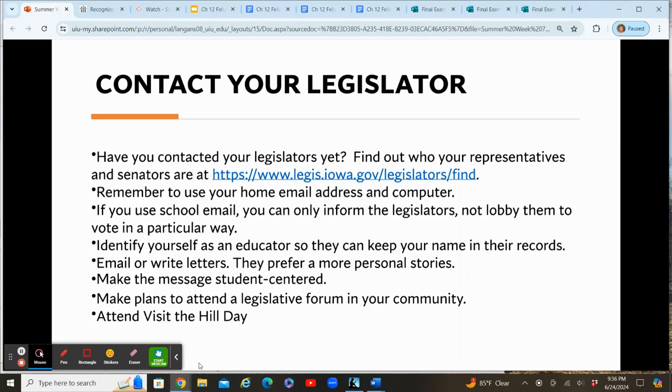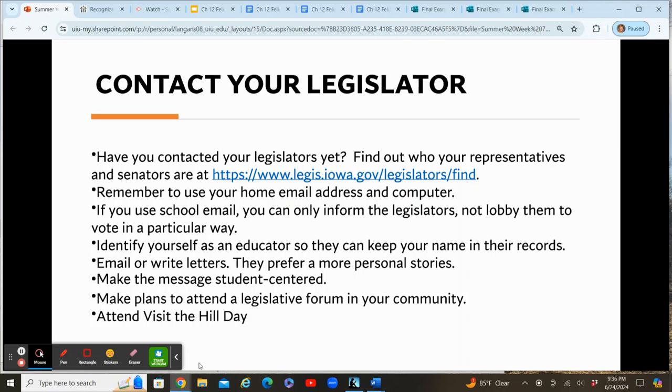And I was so scared, and my voice shook and everything, but it was something now I can get up and do all the time when I go to those legislative forums, because it's so important to also make sure everybody remembers school counselors are part of that educational community.